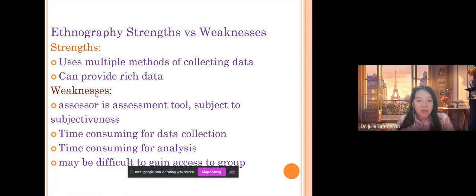And then we analyze the background of the people there. Like we analyze their age, their gender, their class, their ethnicity, their religion, how they pray, what god they're praying to, what statue they're praying to. All this is the strength of ethnography.